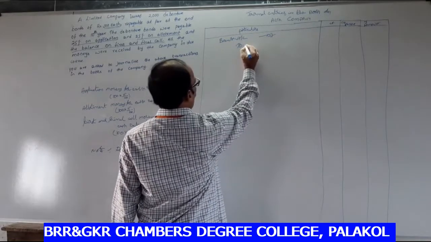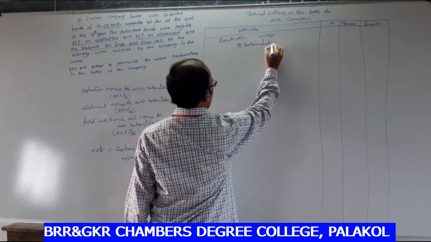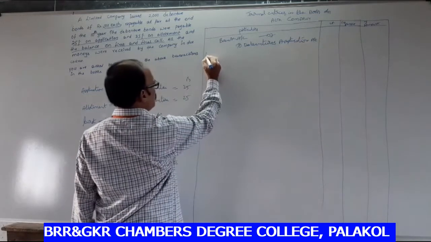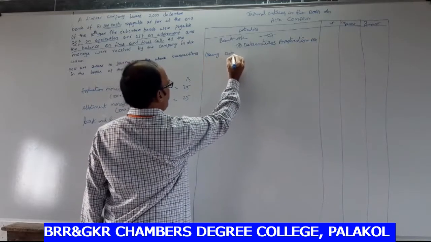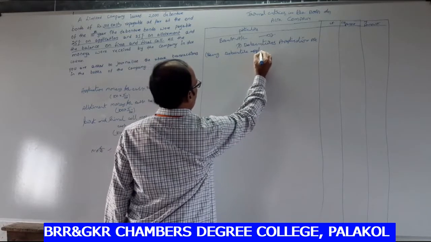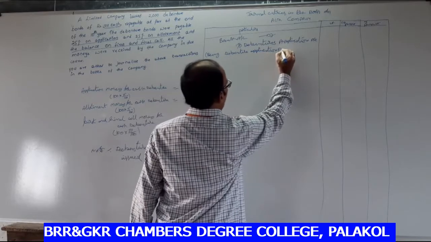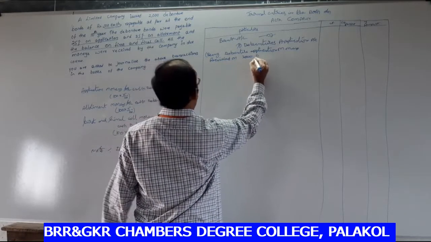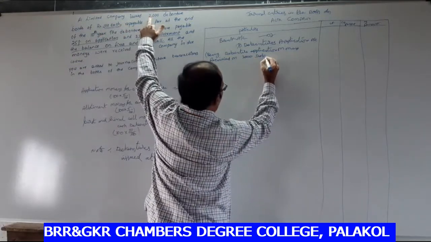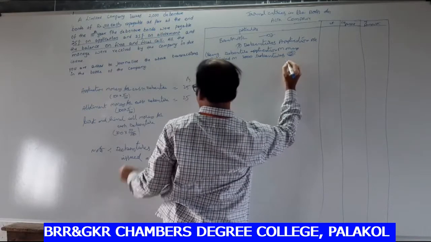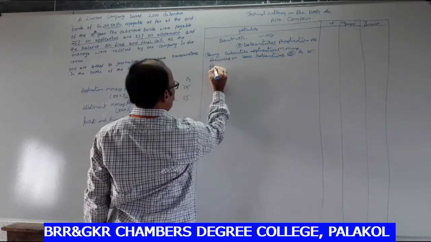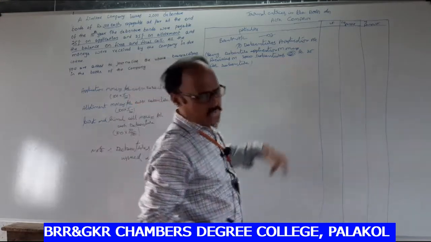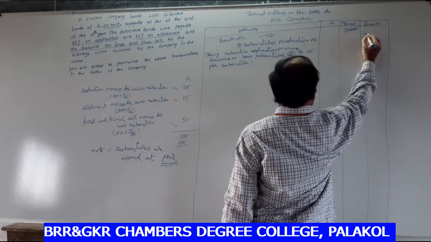Bank account debit to debentures application account, being debenture application money received on 2000 debentures at the rate of rupees 25 per debenture. 2000 into 25, 50,000 rupees. 50,000 rupees debenture application money received from debenture holders.